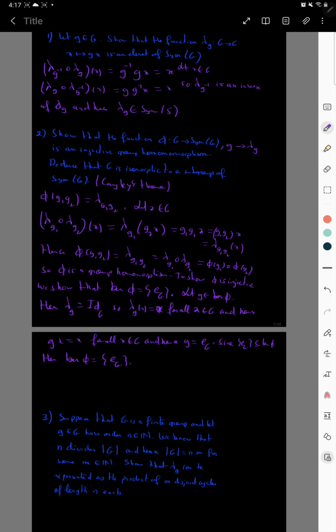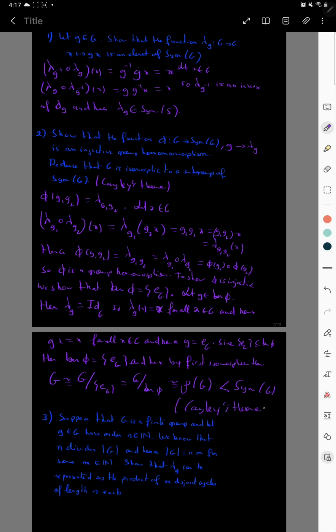Okay, this is Cayley's theorem, and hence by the first isomorphism theorem, G, which is isomorphic to G mod {e_G}, which is equal to G mod ker phi, is isomorphic to phi of G, which is a subgroup of Sym(G). This is Cayley's theorem. We've seen this one in class. I put it as a small refresher in the homework.